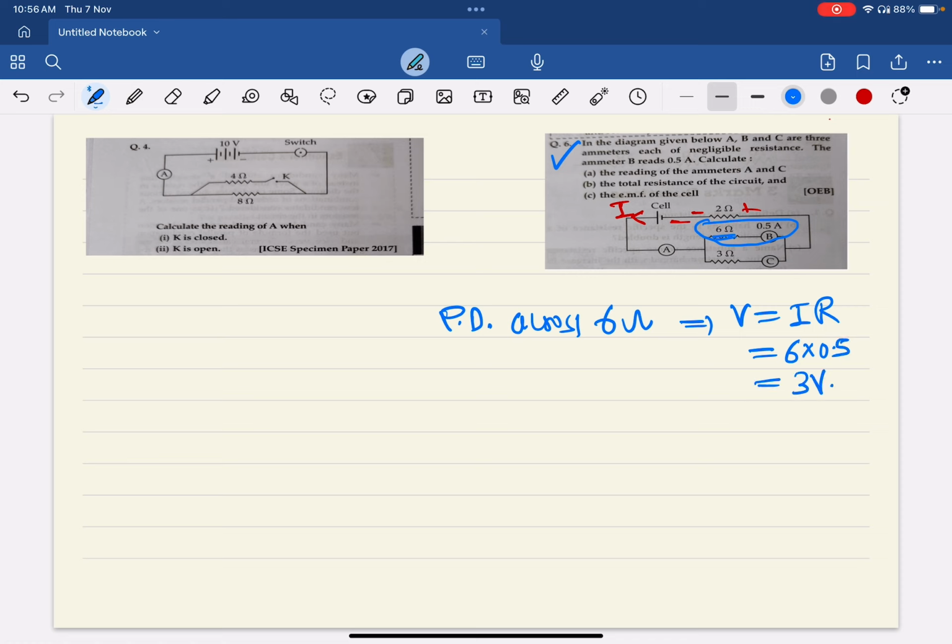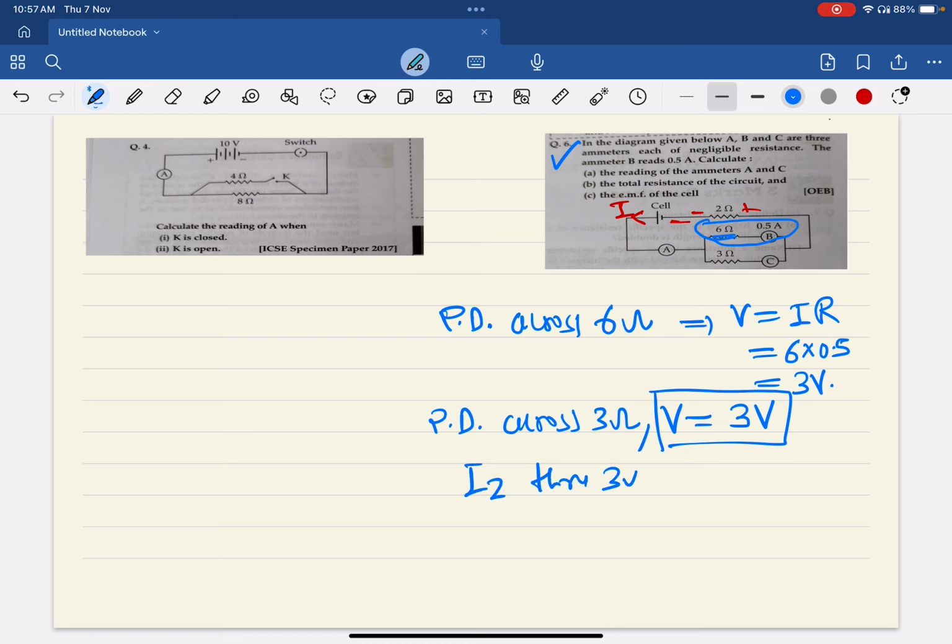Now having figured out this, we will simply say that potential drop across the 3 ohm resistor is also equal to 3 volts. I figured out that that is 3 volt. So what would be the current, which is I2 here, through the 3 ohm resistor?